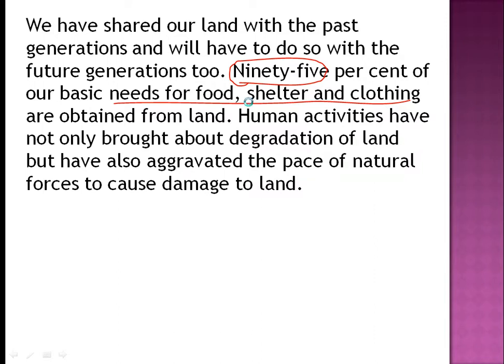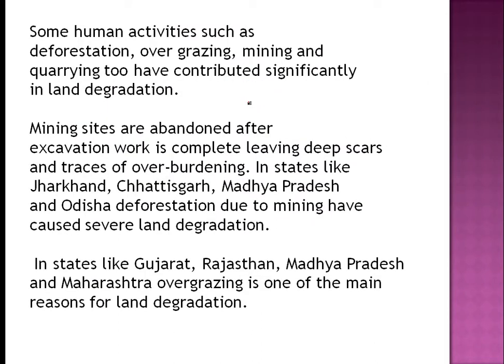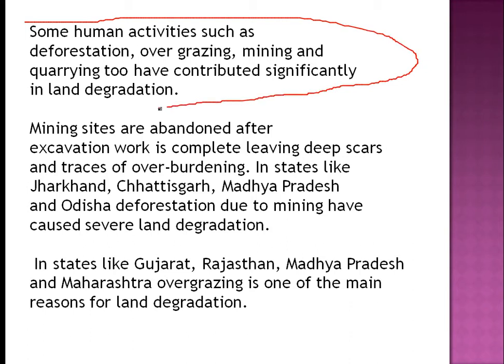Next, some human activities. So what are the human activities which are making land degraded? This is the first paragraph, which I am highlighting and circling for you. Please take note.